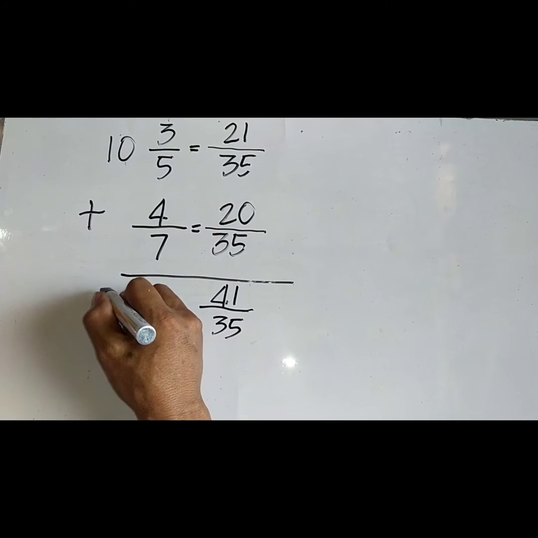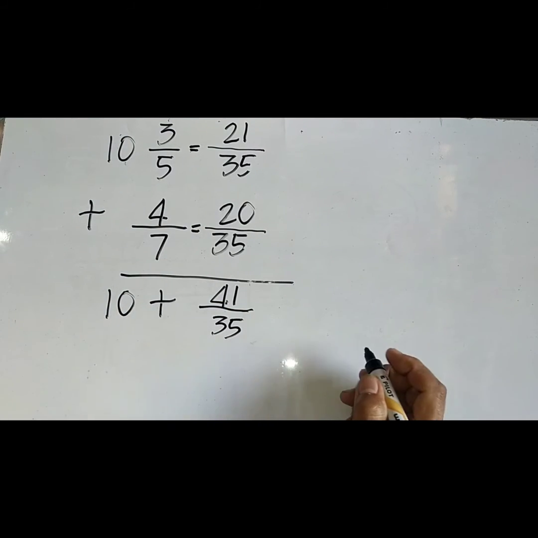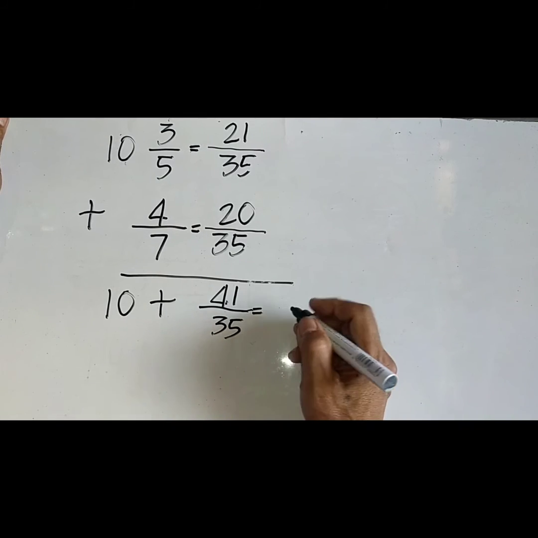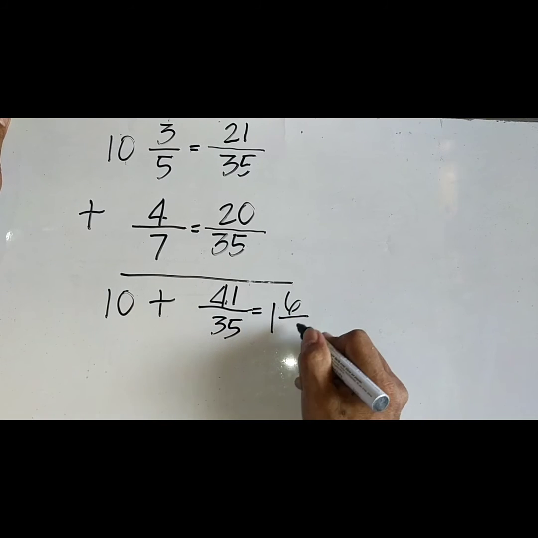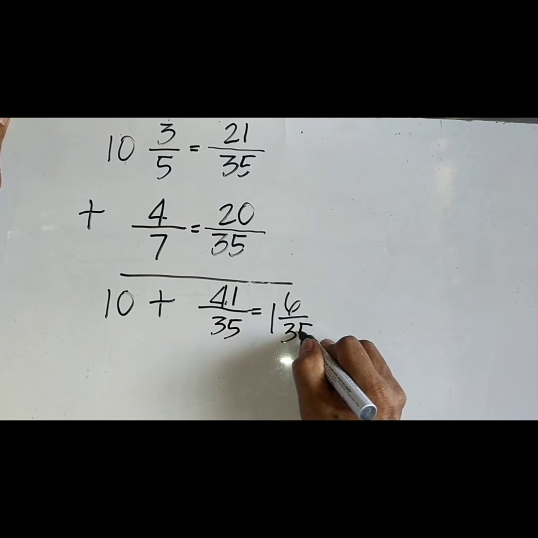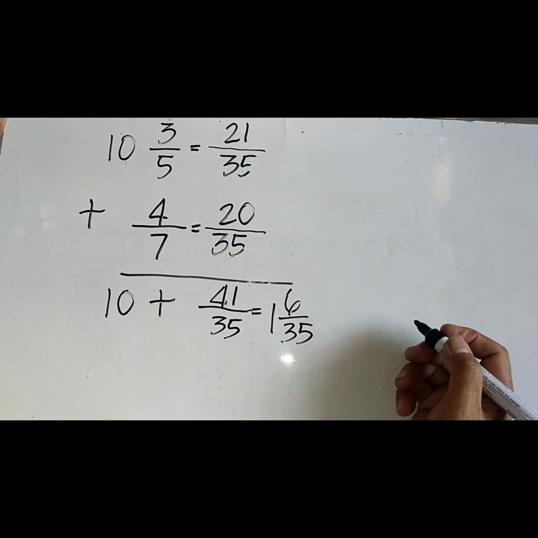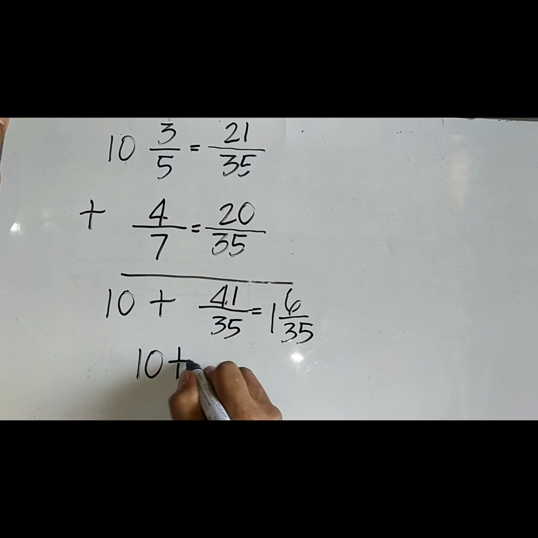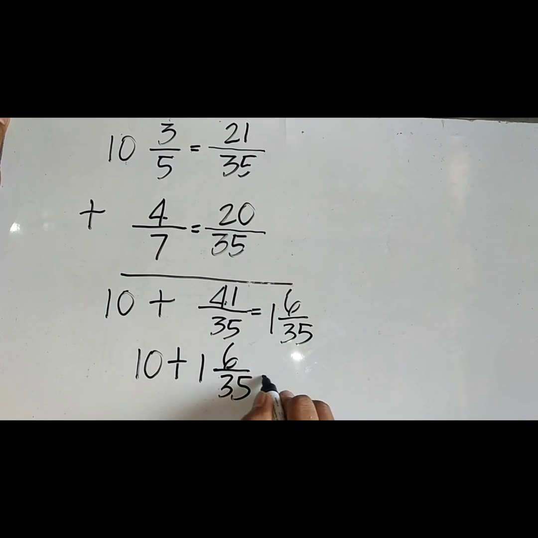You have the whole number to be added to the result of the two fractions. Since this is an improper fraction, we change to a proper fraction. We divide, 1 and 6 over 35, the same as the result when we do the horizontal method. So this is now the result. So simply we'll add again 1 and 6 over 35. Adding the two whole numbers, you have 11.